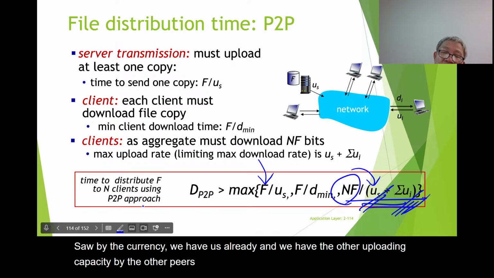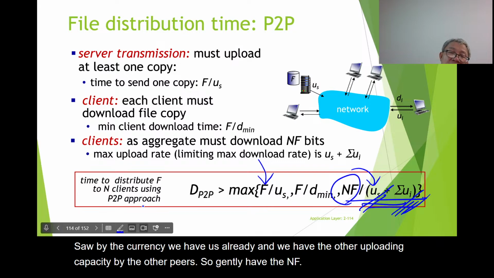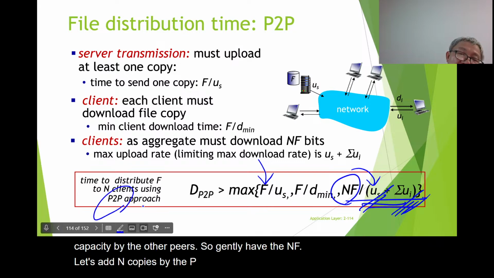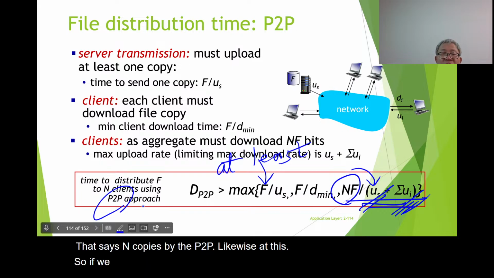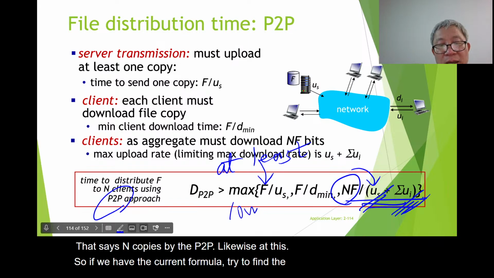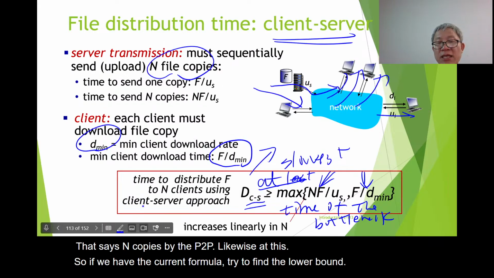So jointly we have NF, that is N copies, served by P2P. So given the current formula, we try to find the lower bound. And here is the lower bound.